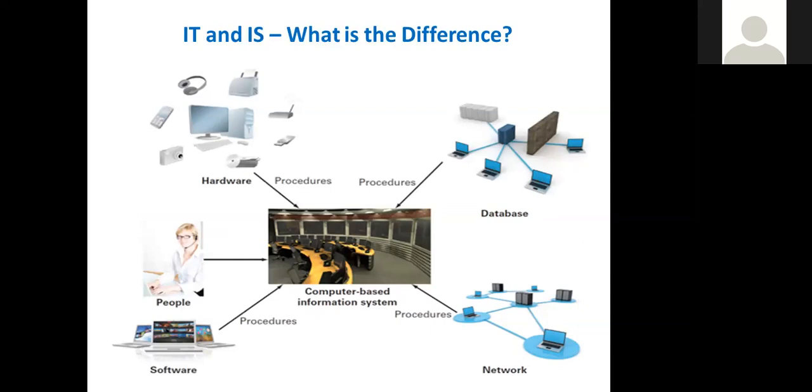And information technology is hardware and software. Hardware in terms of the physical equipment, software in terms of operating system and application programs. So you can buy information technology. Anyone can go and buy a laptop, a desktop, or any other mobile device. But you cannot buy an information system.